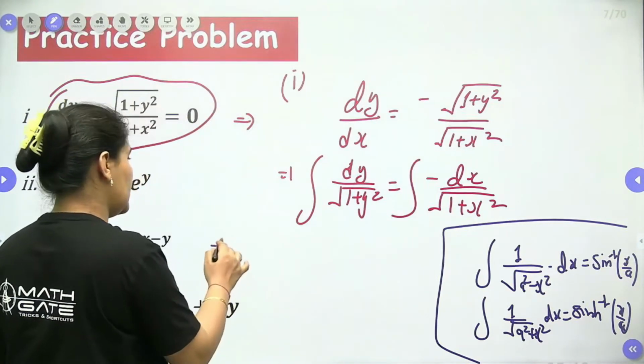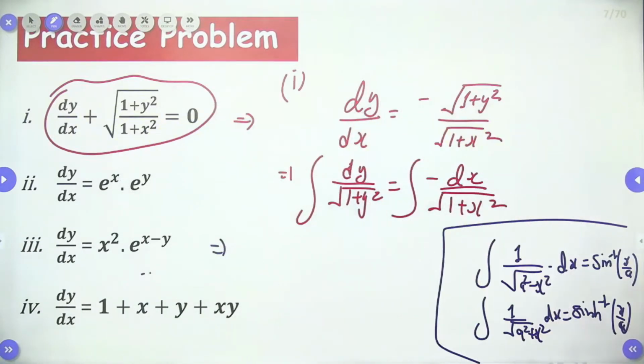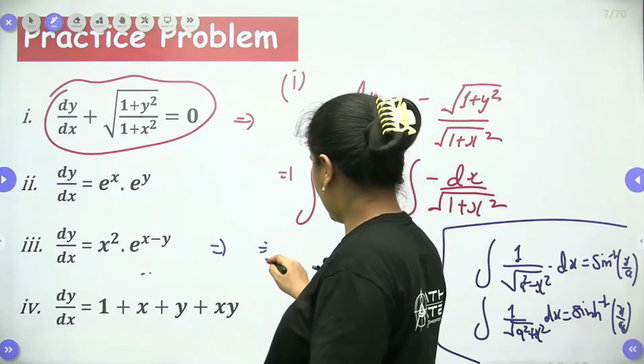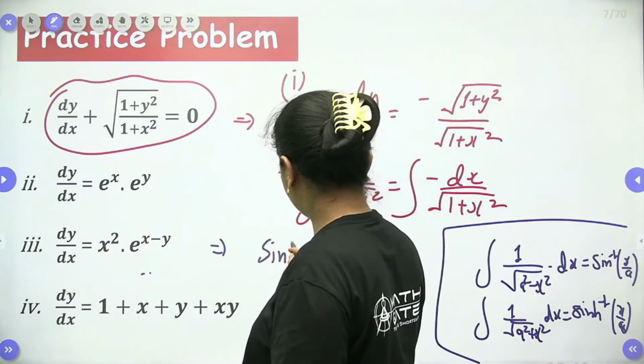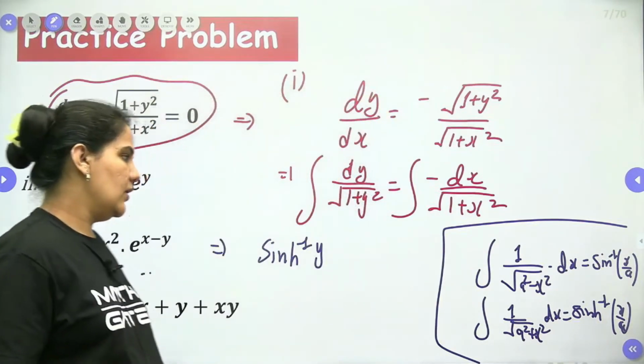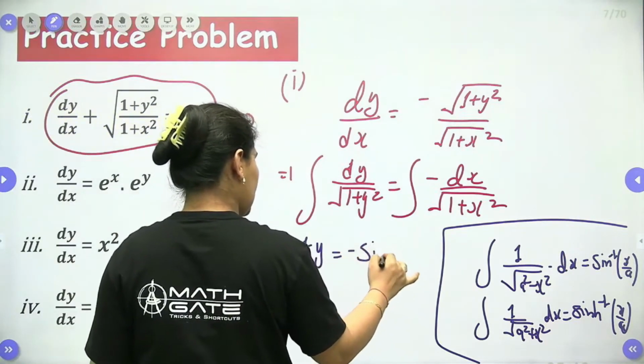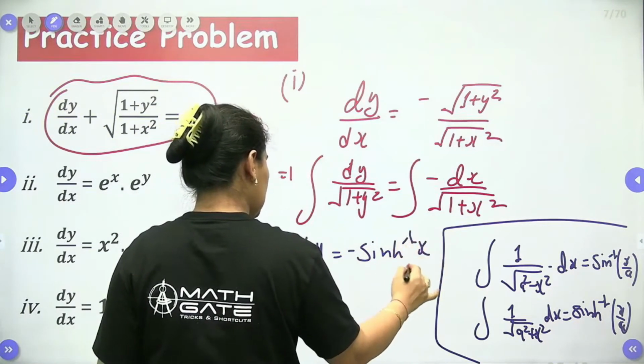So when we approach it, it will be sine hyperbolic inverse y is equal to minus sine hyperbolic inverse x plus c.